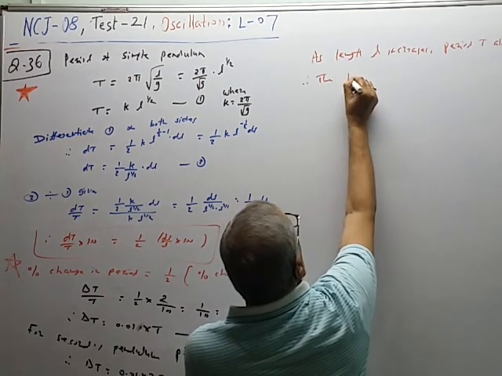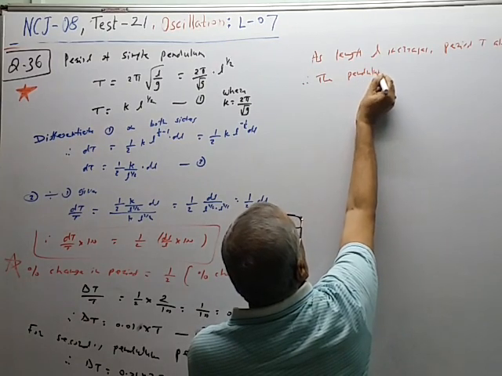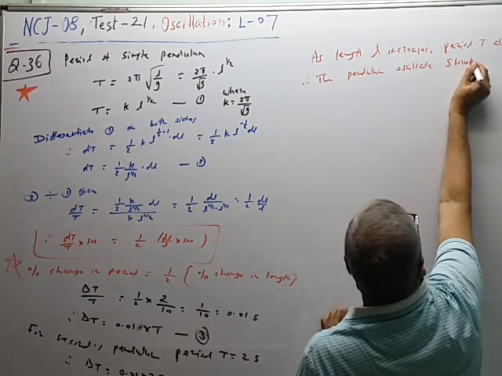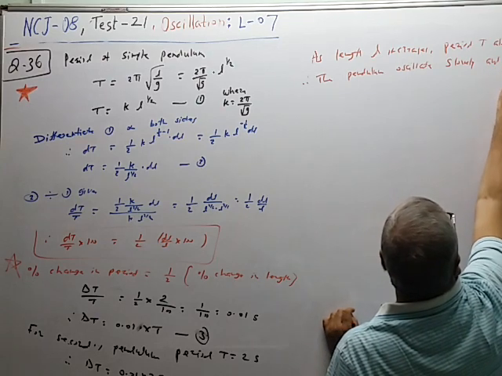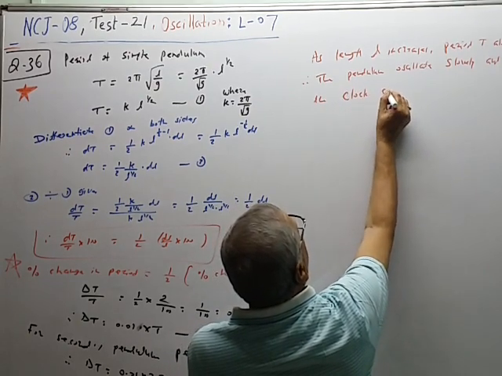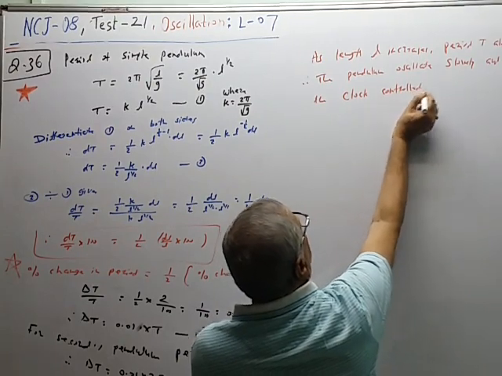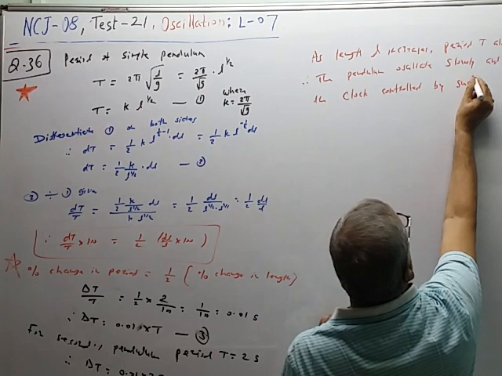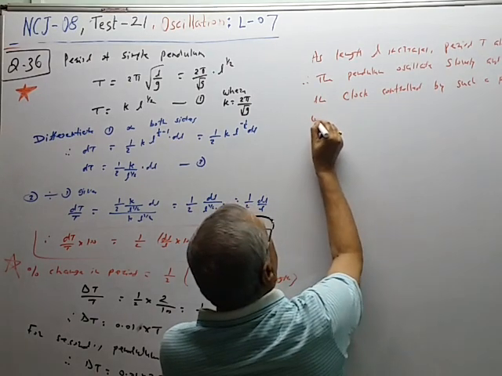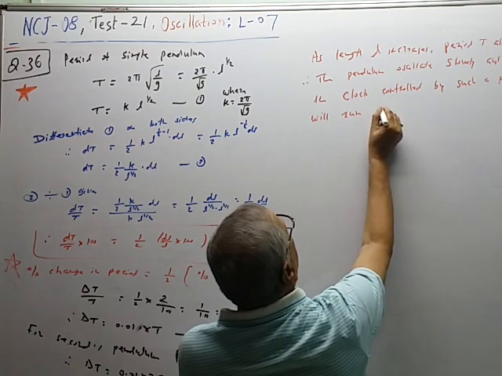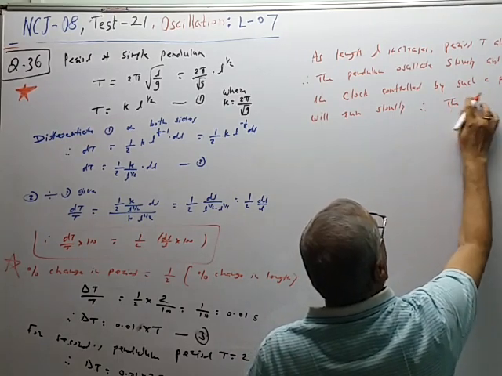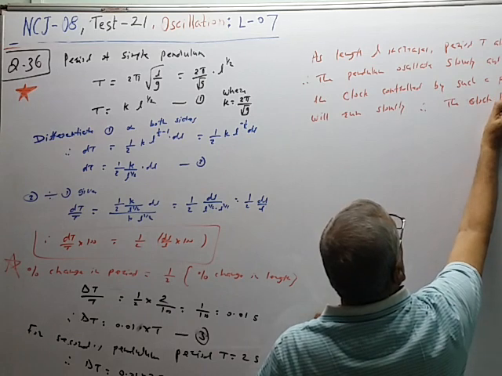Therefore, the pendulum oscillates slowly, and hence the clock controlled or regulated by such a pendulum will run slowly, and therefore the clock loses.